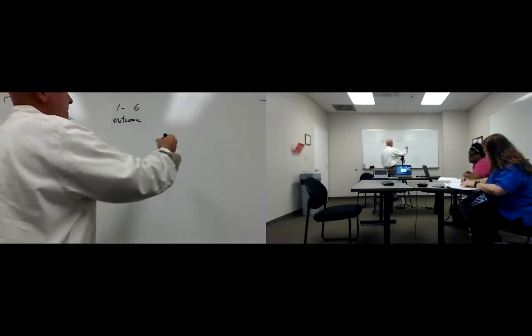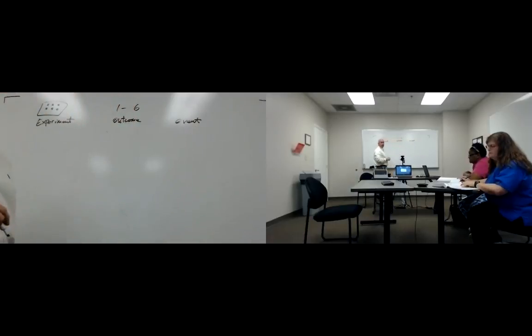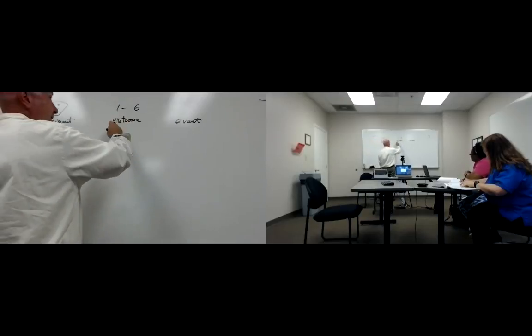And the event, how did we define that? The collection of one or more outcomes. Each time I roll, I'm going to get a different outcome.